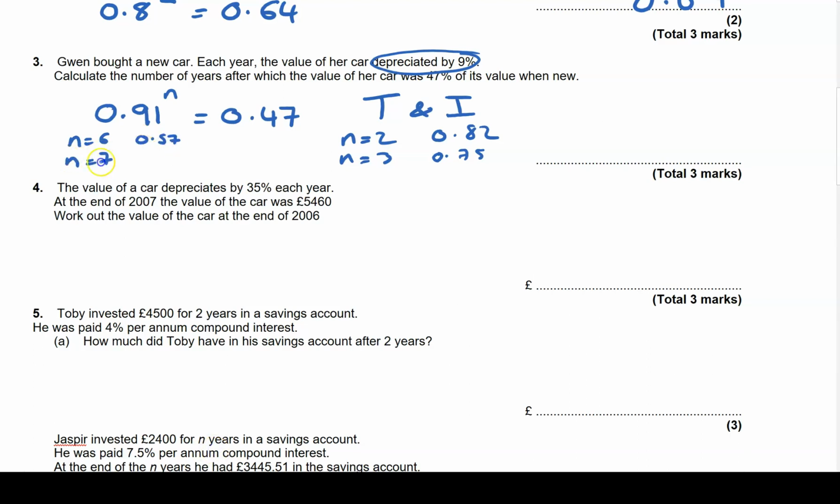So what about 7? 0.91 to the power of 7 is 52%. So let's try 8. Trial and improvement is a bit of a pain in the behind. When n is 8, we get 47.025, but 47% is close enough.